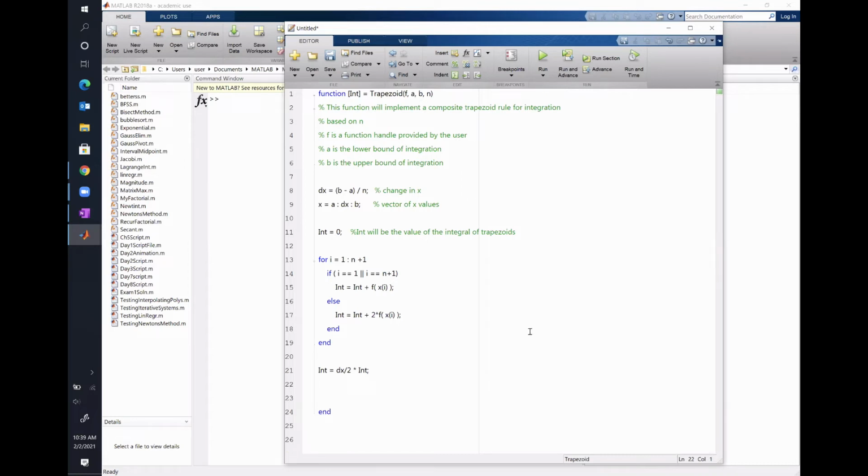And then int should have the appropriate trapezoid value at that point. So that would be our integral, our trapezoid integration approximation. Okay?